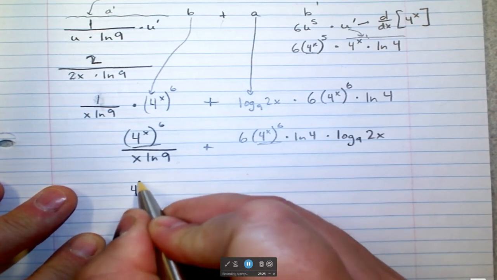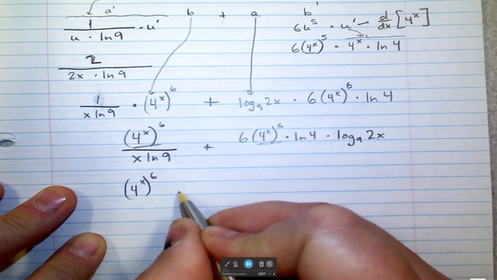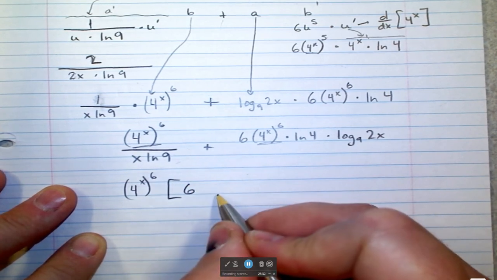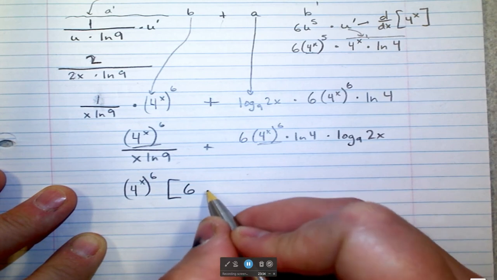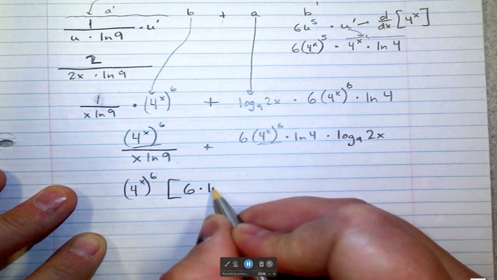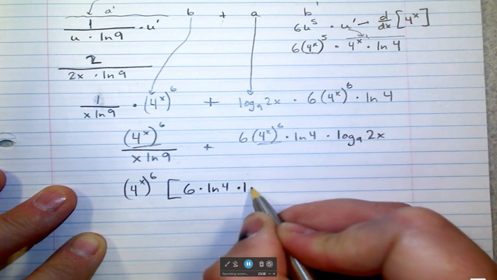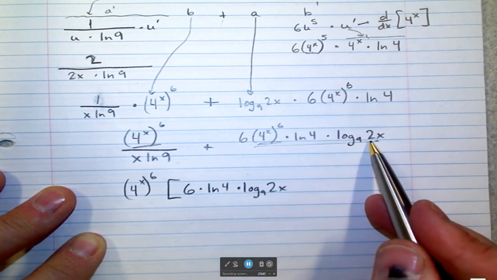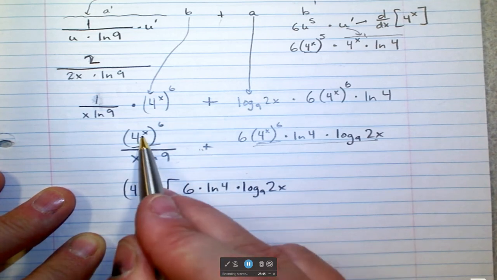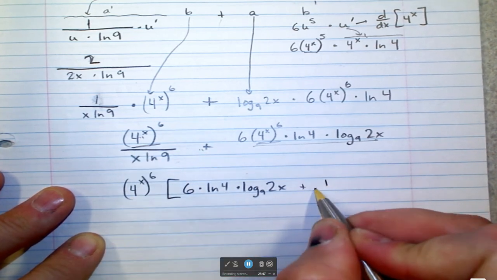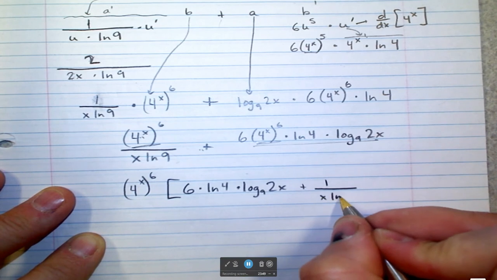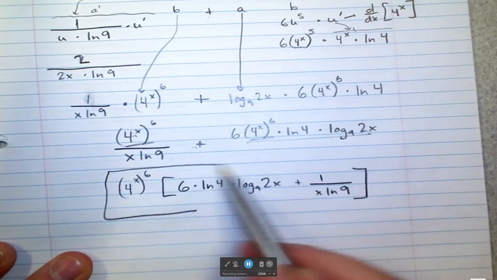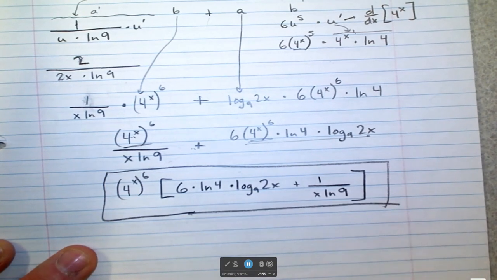So we get 4 to the x to the 6th times what? 6 times ln 4 times log 9 of 2x. So I'm going to put this guy first, plus 1 over x ln 9. Okay, that would be our final answer for our derivative.